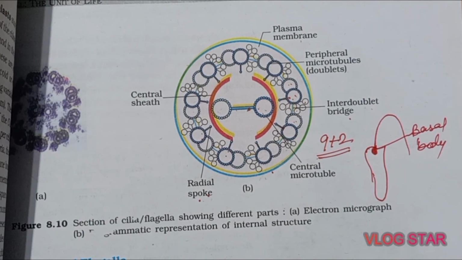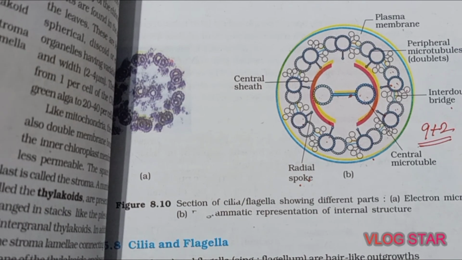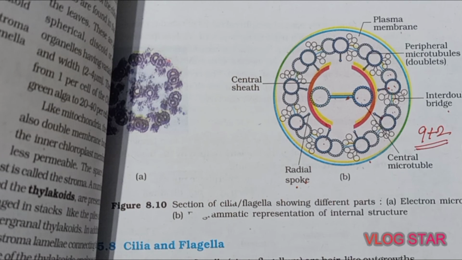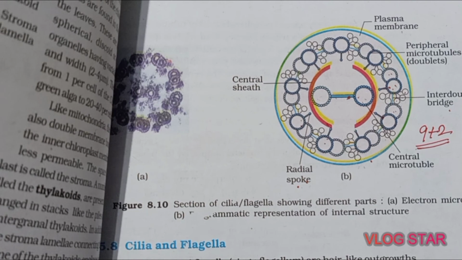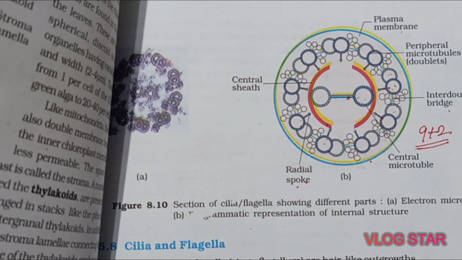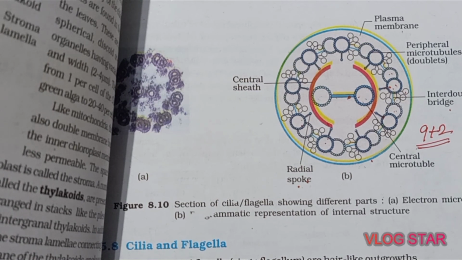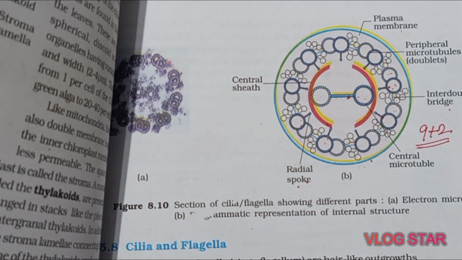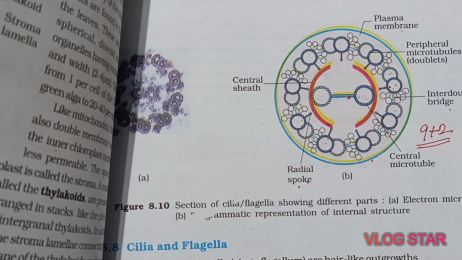The main function of cilia and flagella is only movement, that is, they are responsible for cell movement specifically. So, you should know that prokaryotic bacteria also have flagella, but they are structurally different from that of eukaryotic flagella. Okay. And I think you must have seen the paramecium figure. Paramecium also bears cilia. So, these are the specific organelles which are helpful in the movement of the cell.